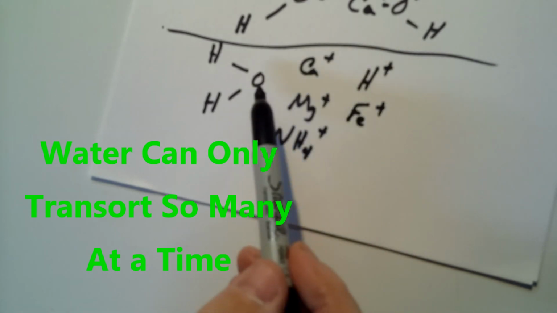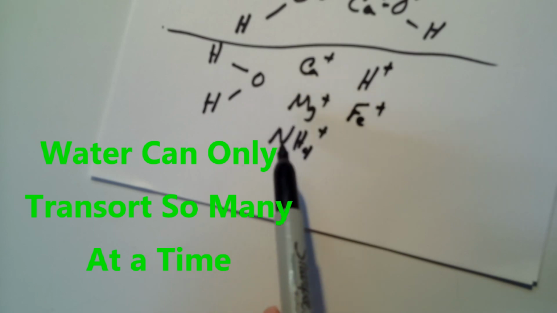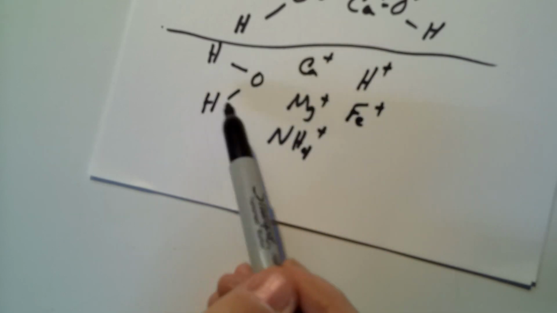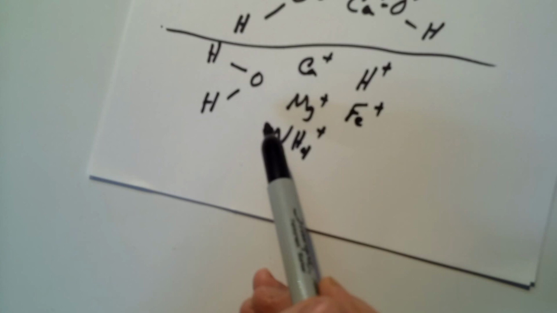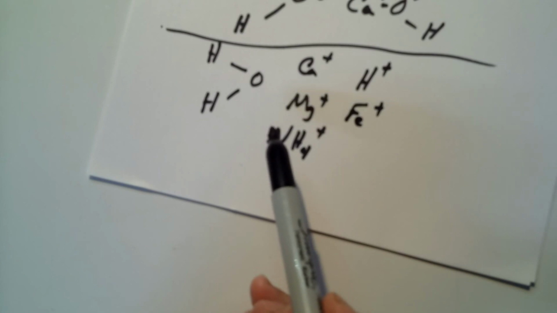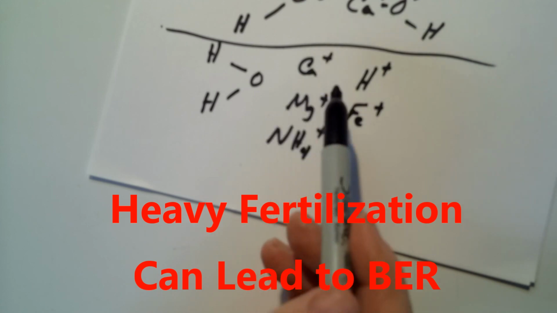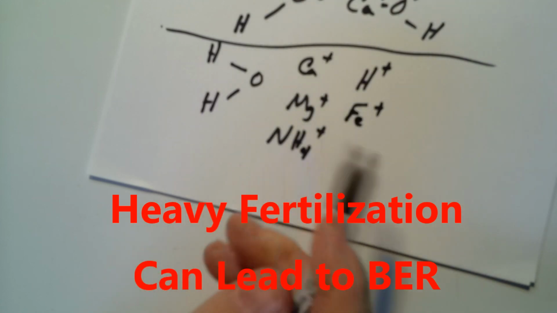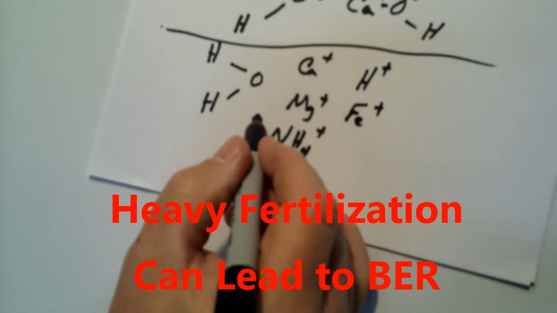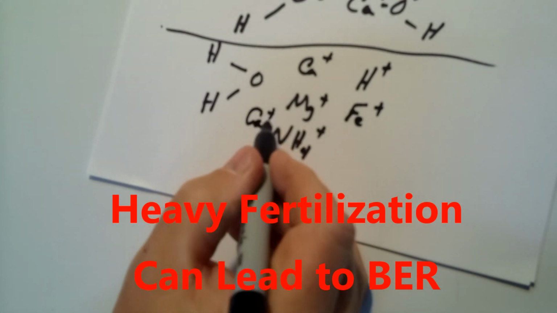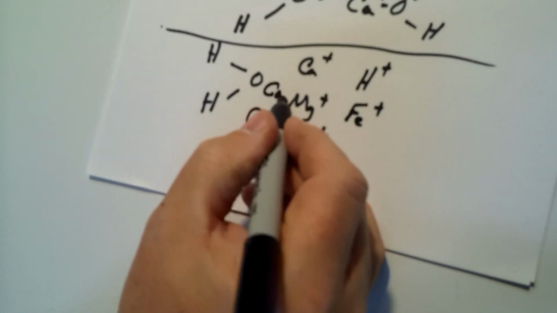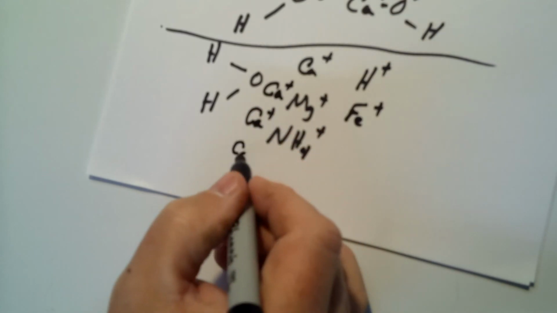See, because if we've only got, let's say, 6 things, or 3 water molecules, it can only pick up 3 of these. Do you see where we're going? So if you want to increase the chances of getting calcium up to your plant and inhibiting BER, you need to add more calcium.